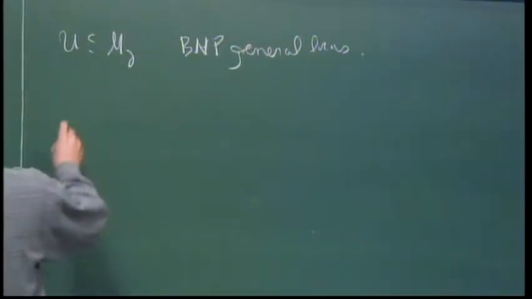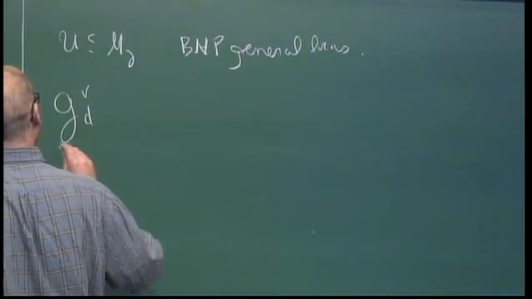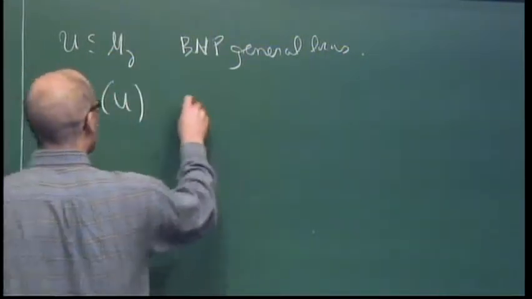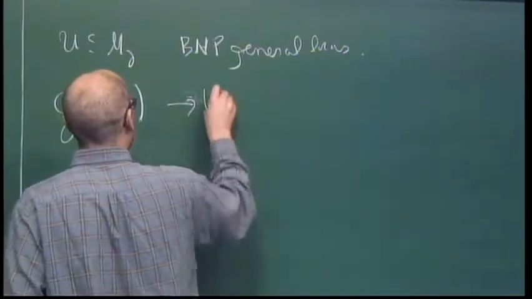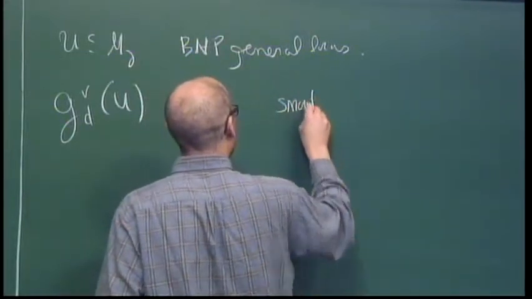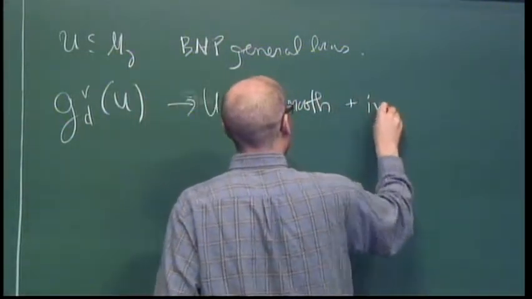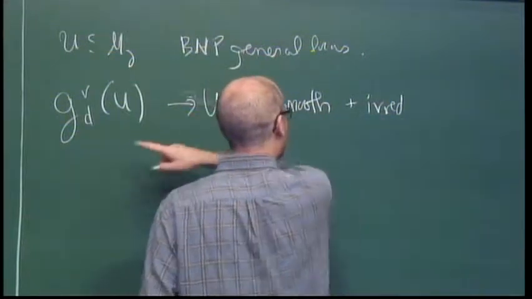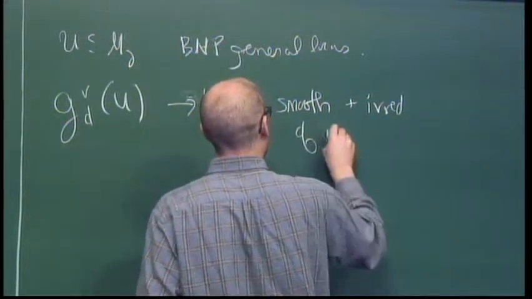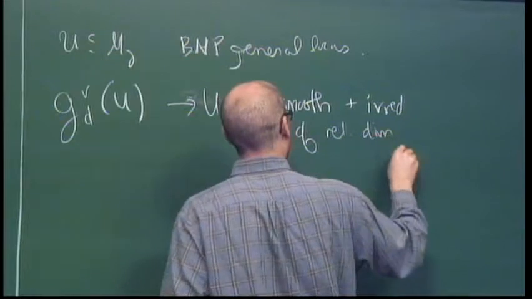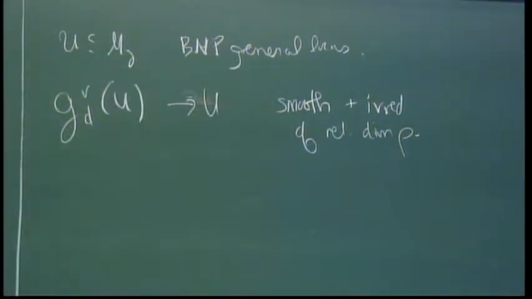And then we could look at the universal linear series of degree d and rank r over U. And so this maps onto U, and it's smooth and irreducible. So the total space of G^r_d over U is irreducible, and it has relative dimension rho. So because this G^r_d of U is irreducible, it makes sense to talk about the general embedding of the general curve. We're just talking about the general point of G^r_d of U.